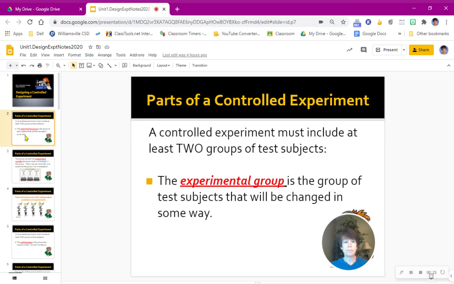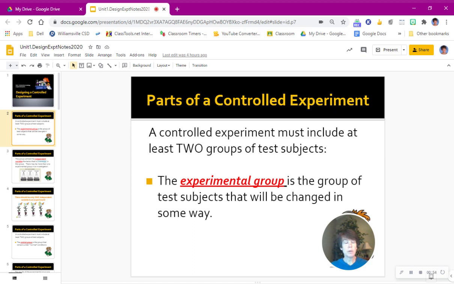So let's get started. In a controlled experiment, you have to have at least two groups of test subjects. One group, the experimental group, is going to be the group of test subjects that is changed in some way. In other words, it's going to be receiving the factor that the researcher is testing, which we refer to as the independent variable.